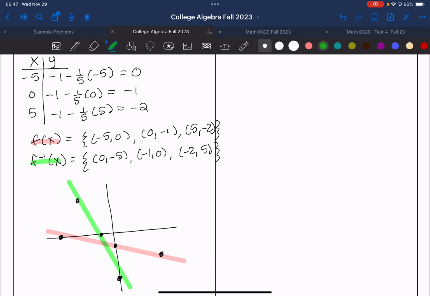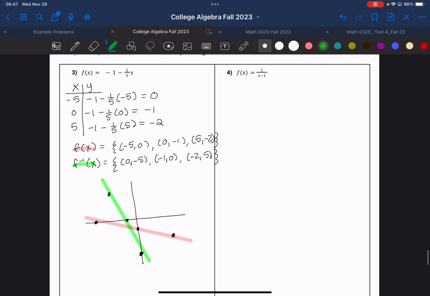Again, this is linear. I'm going to connect it like this. Okay. So this is showing you on one graph the original function and the inverse function. Remember, this was a rough sketch, so I just plotted 3 points and connected those points.